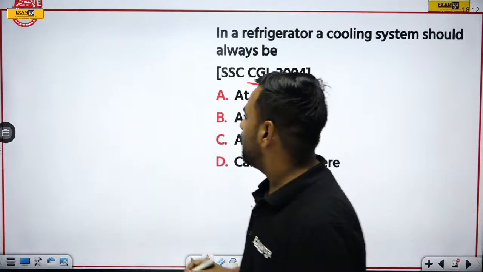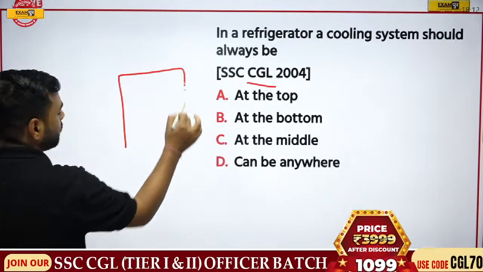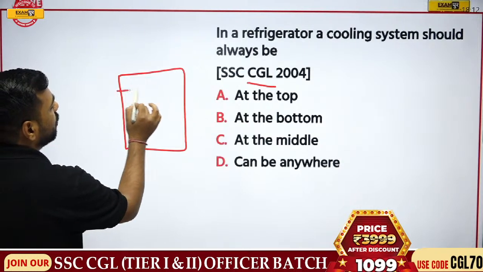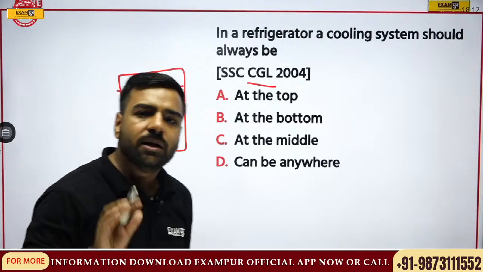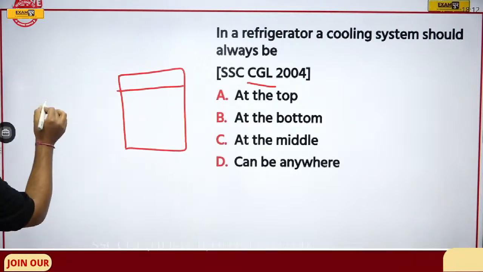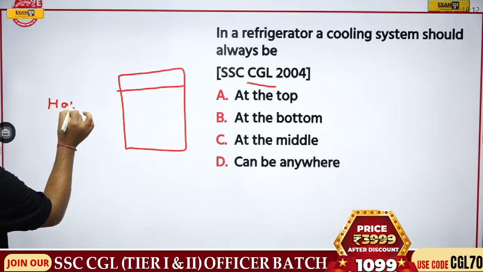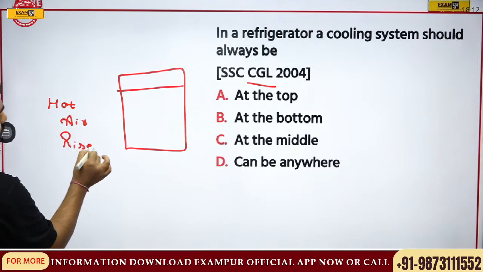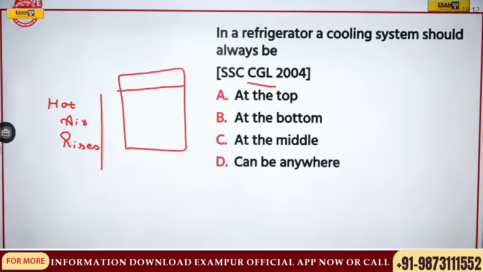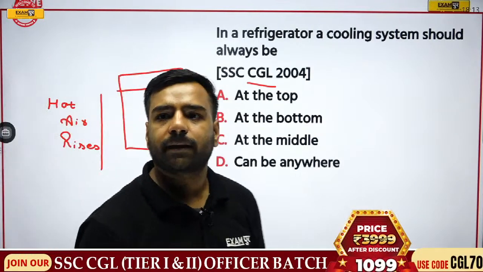When we talk about the fridge, the cooling system is actually at the top. There's a reason behind it. Please always remember, I'm writing a point here: hot air always rises. Now just think, okay, cool Ganesh, fine.